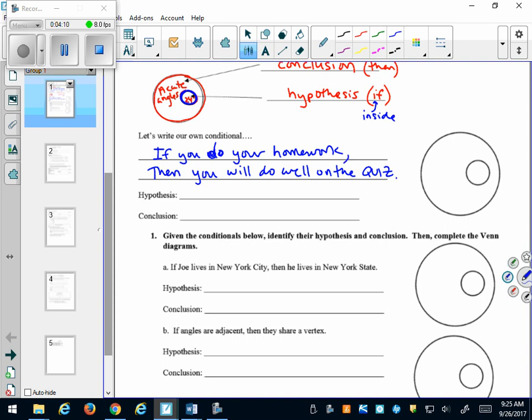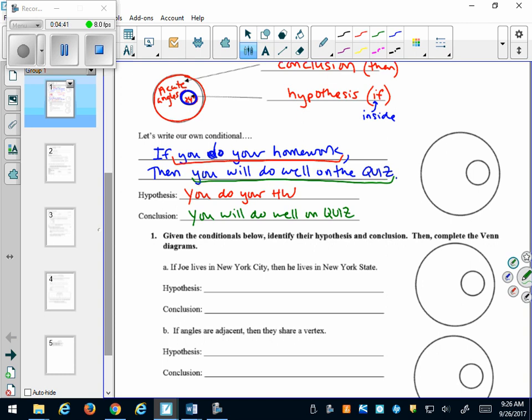So the hypothesis of this statement is the part that follows the if. Remember, we're not going to include the word if. So hypothesis is that you do your homework. And the conclusion is that you will do well on the quiz. Remember, don't include the if or the then words.